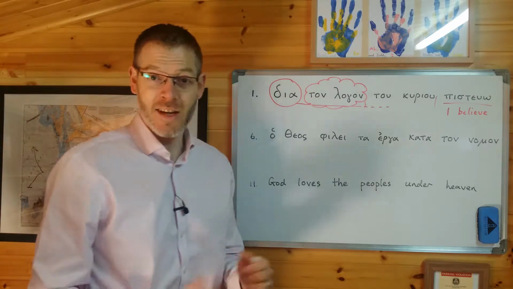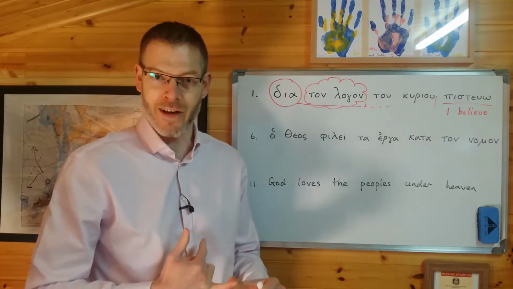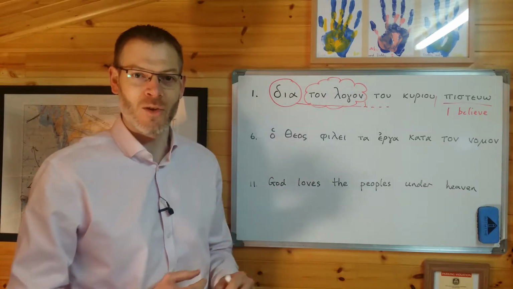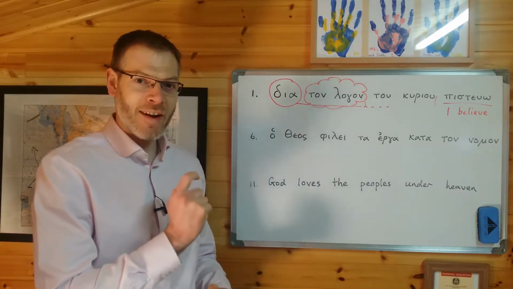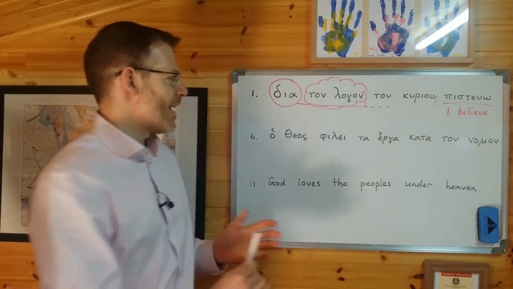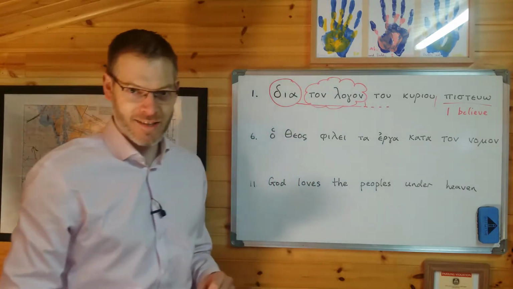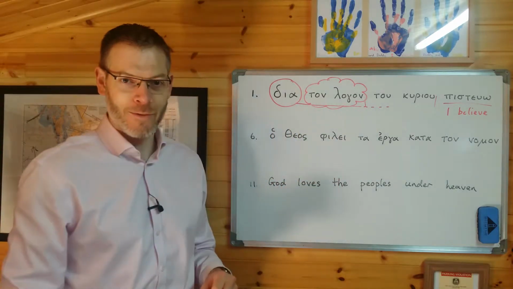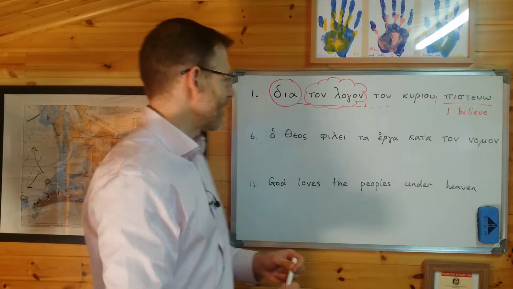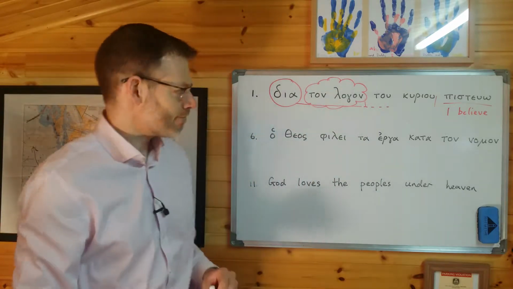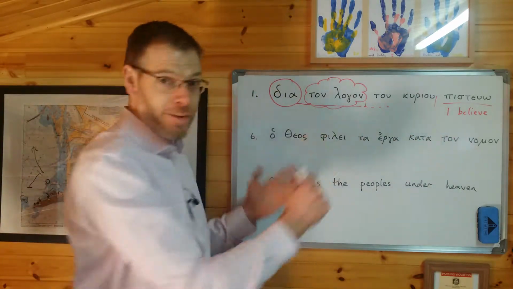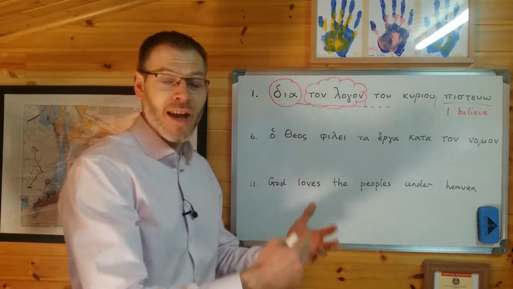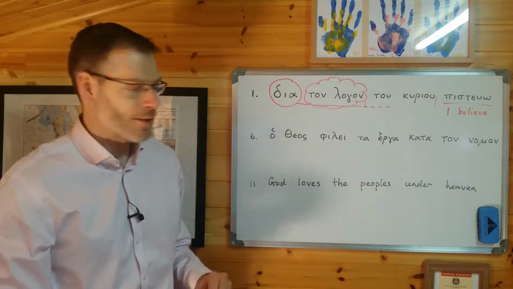The accusative case could tell you that it's the object of a verb, or it could tell you that it's serving a particular function in relation to a preposition. But what you need to recognize explicitly at this point is that the preposition takes precedence over the potential function of ton logon as the object of the verb. Ton logon is not the object of the verb, it is the complement of dia. Okay, so I believe, there's nothing else in the accusative case, so you've got no object which is being believed.